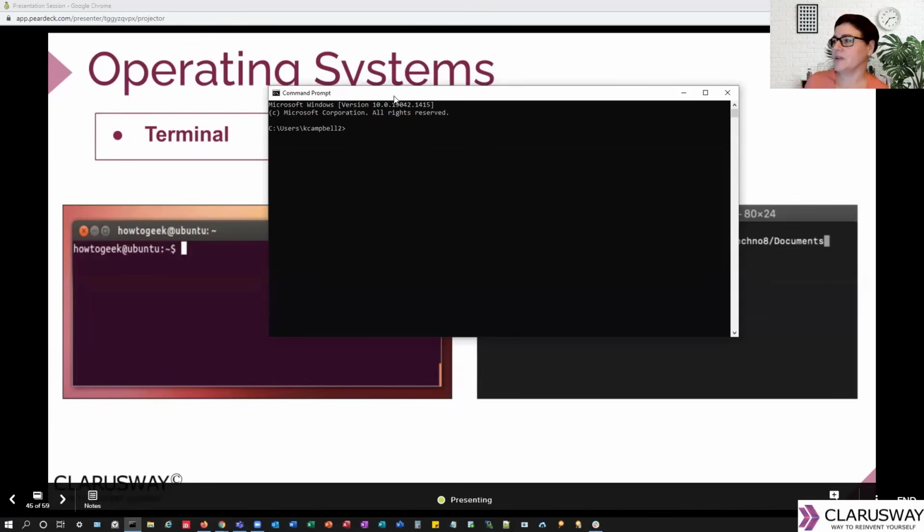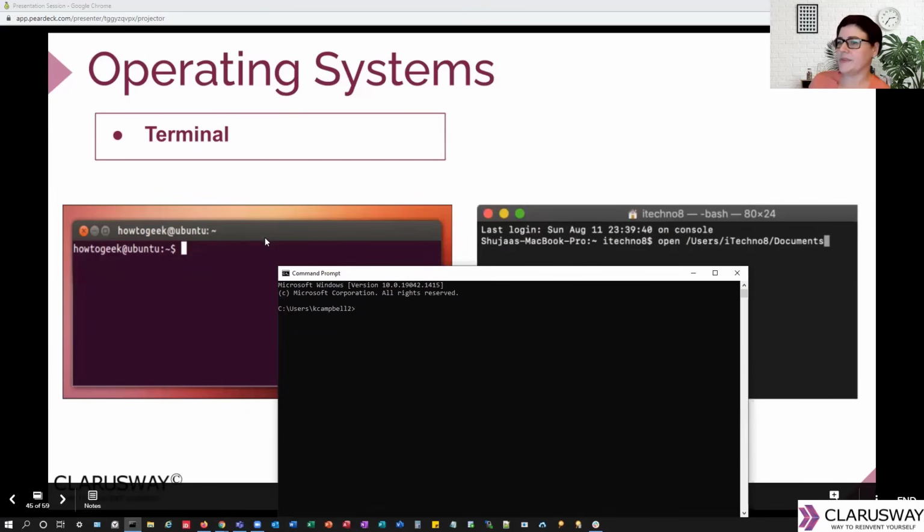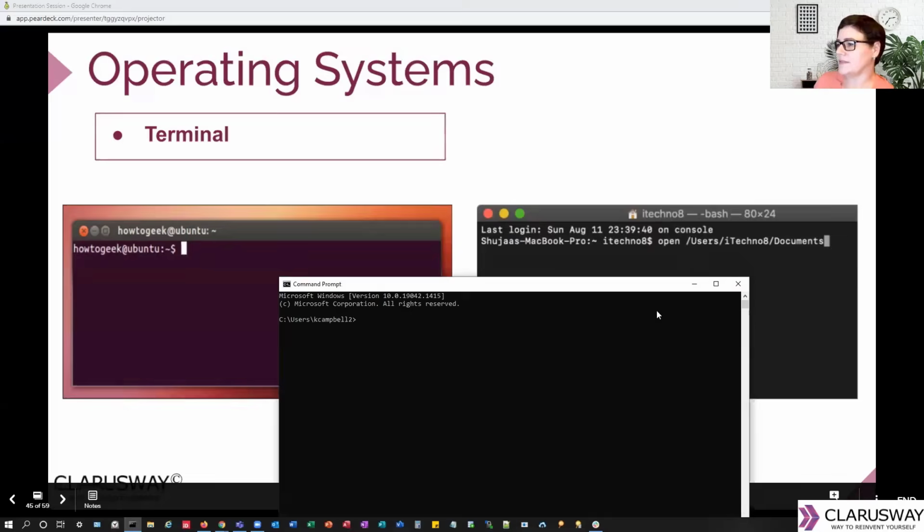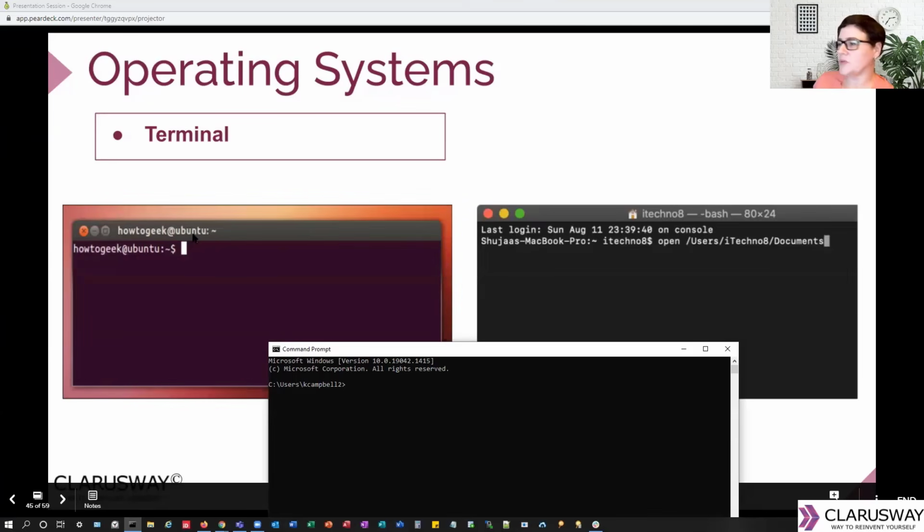You've got these two interfaces: you see this one on the left, here is Ubuntu, and then this one is just a bash shell. It still looks like a Mac type of interface, but you can see how the Windows interface is a little different.